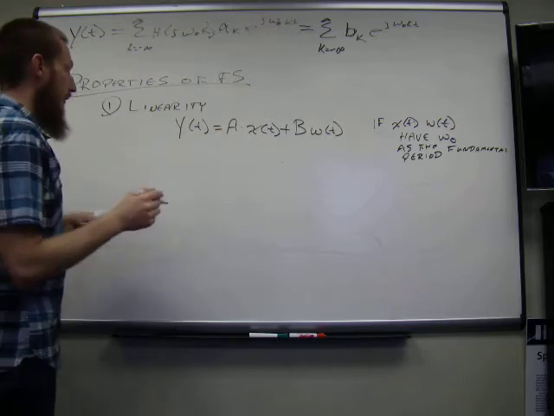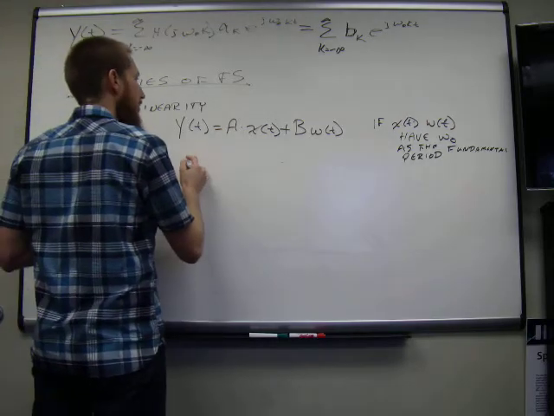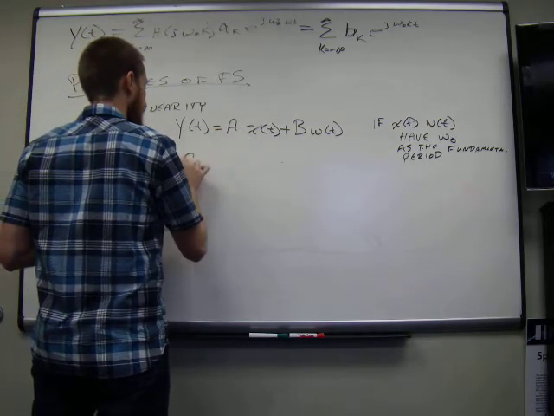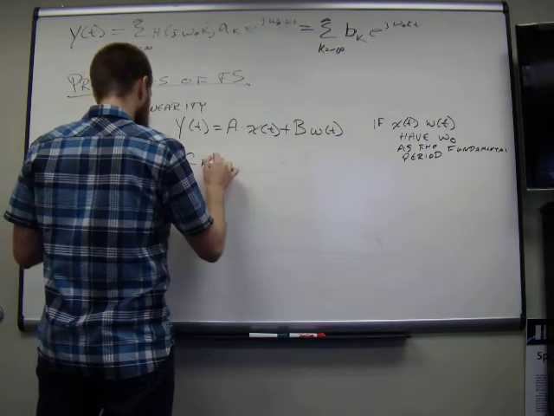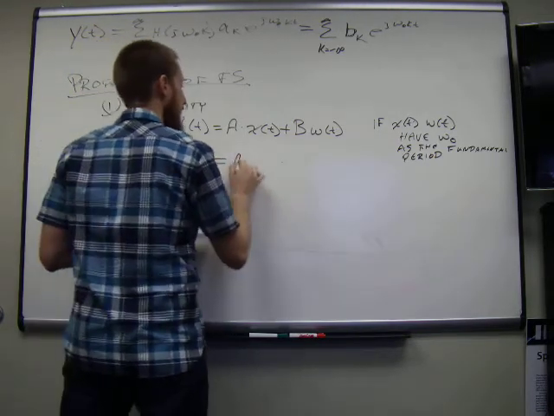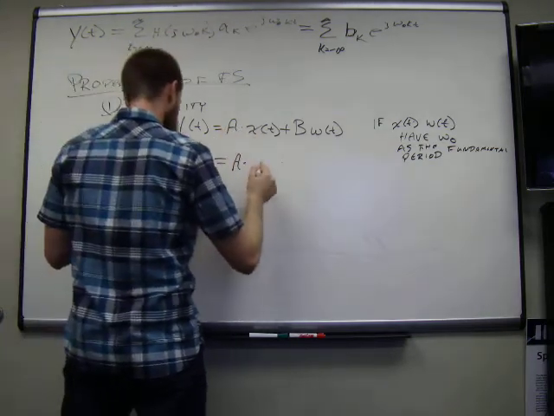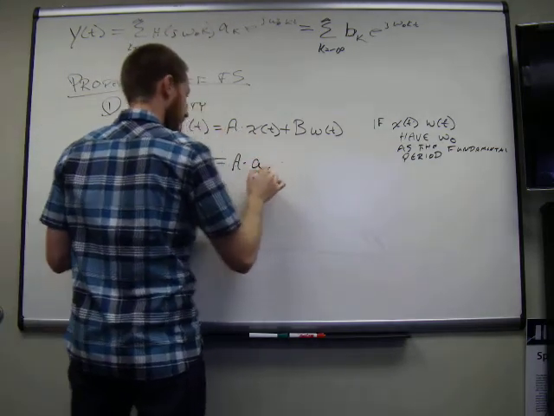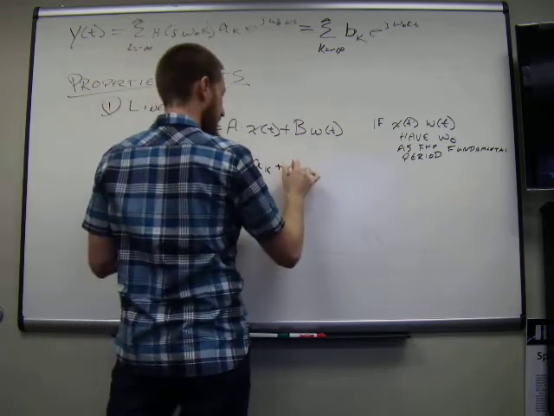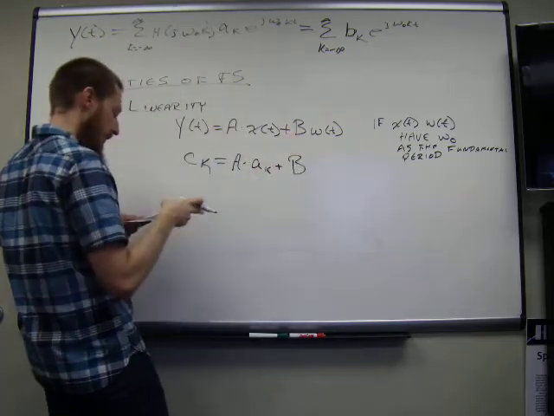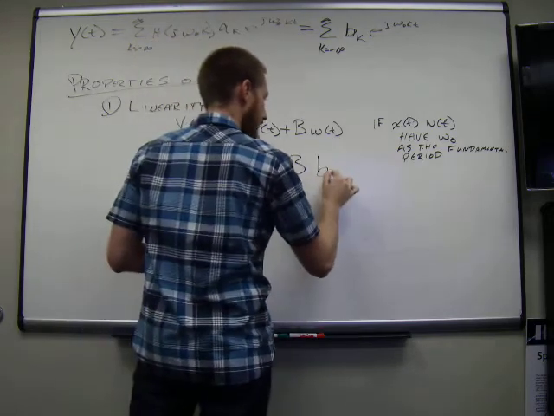Then we can come up with coefficients c of k, which are going to be equal to a, which is a constant, times a of k, plus b, which is a constant, times b of k.